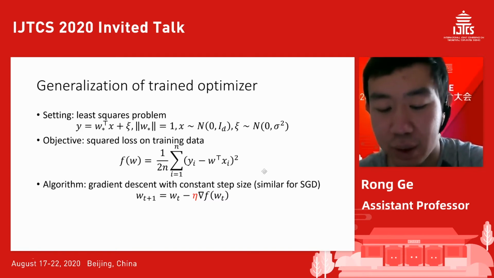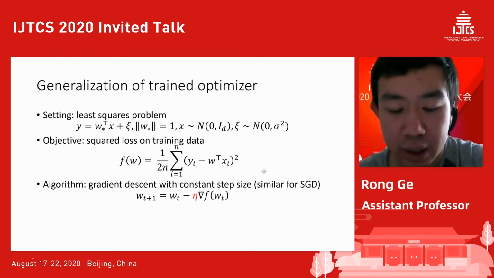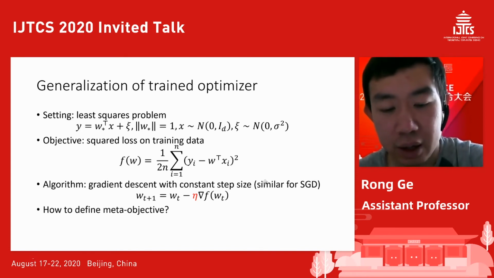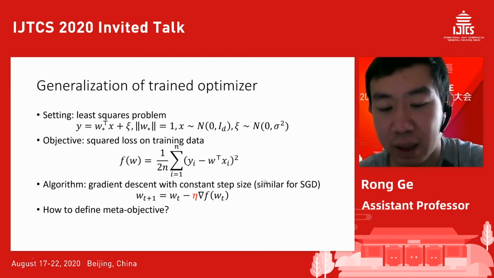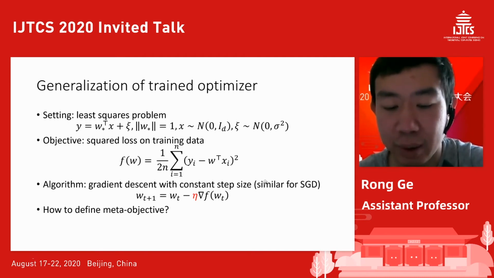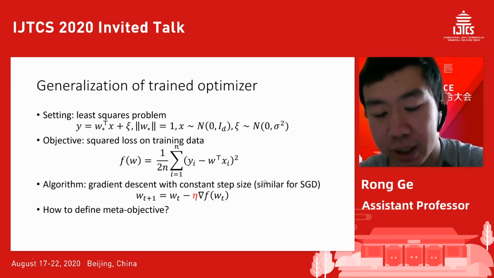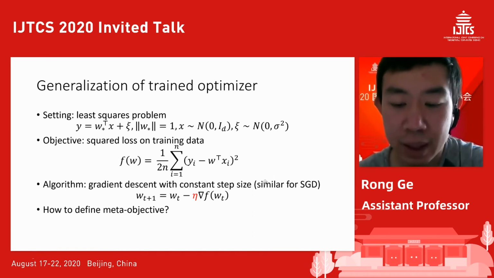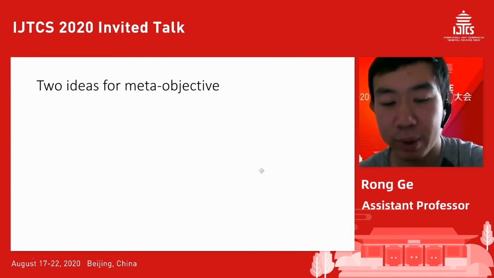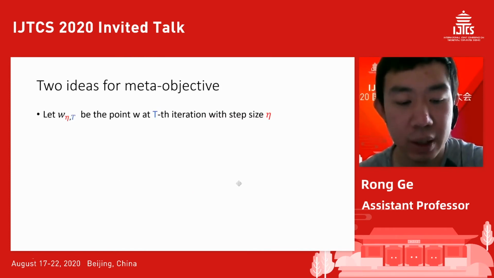We have similar results for stochastic gradient descent. And here, as I mentioned, we are going to consider two ways of defining the meta-objective. One is to define the meta-objective on the original training data, and one is to define it on a separate validation set. So let me be more precise about these two ideas.